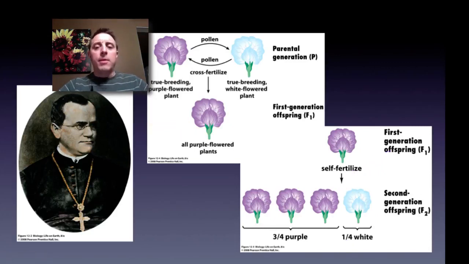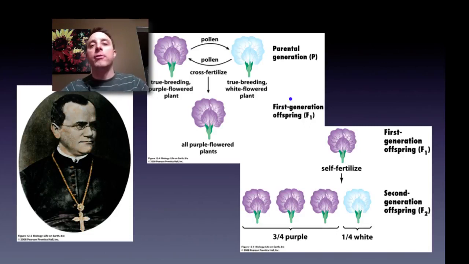The other idea that he came up with was that organisms must have two copies of these. He called them heritable factors because he didn't know anything about genes or DNA or chromosomes or any of that.